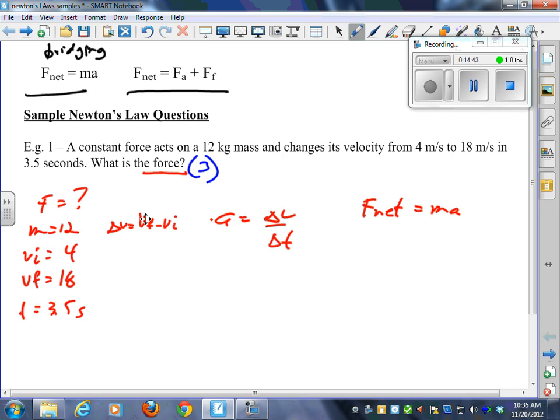Okay, so delta V equals VF minus VI. Final is 18, the initial is 4, giving me a delta V of 14. Right? And now I take that delta V, and that can go in there for that one.